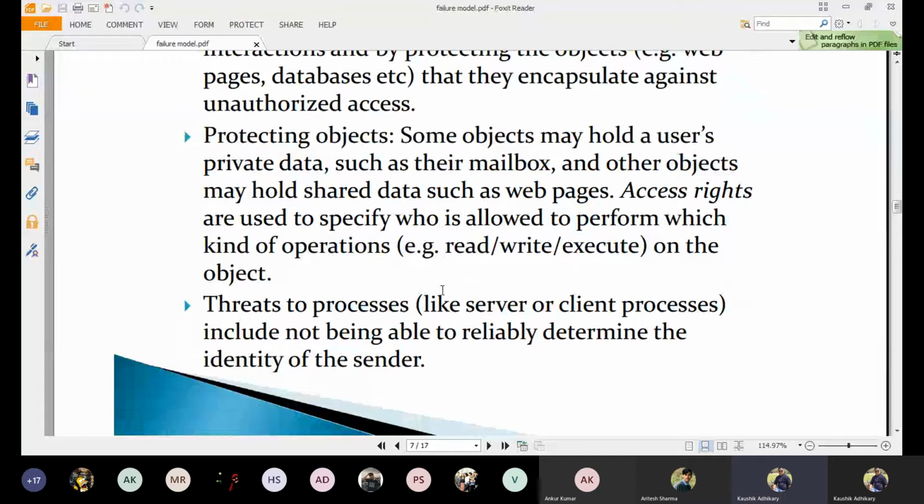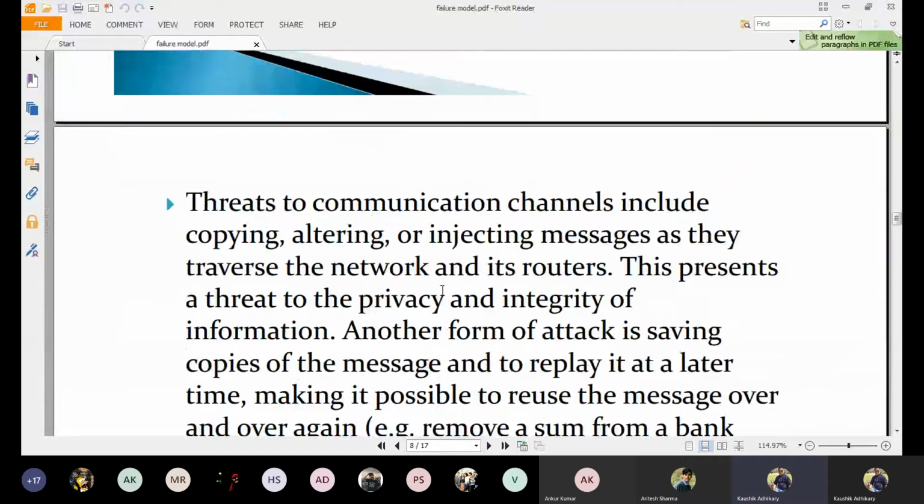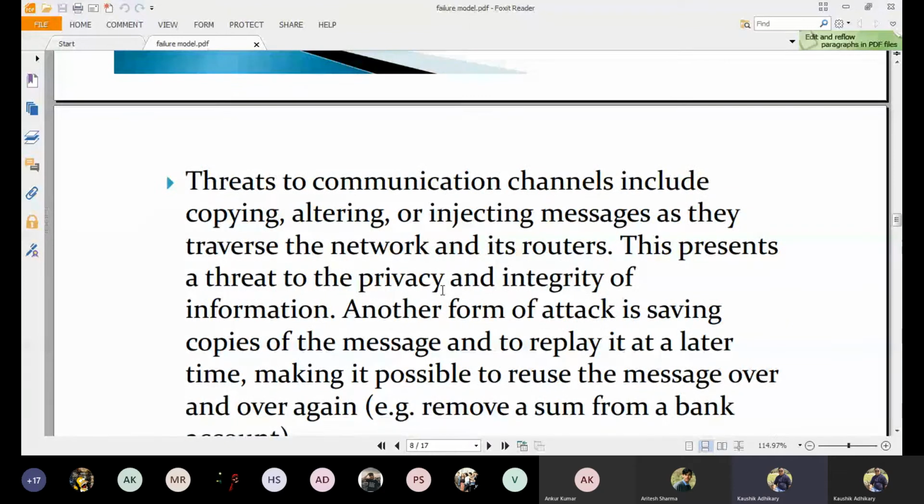Threats to processes like server or client processes include not being able to reliably determine the identity of the sender. If I'm not able to identify who has sent my message, then it can be a threat to me. Threats to communication channels include copying, altering, or injecting messages as they traverse the network and its routers.